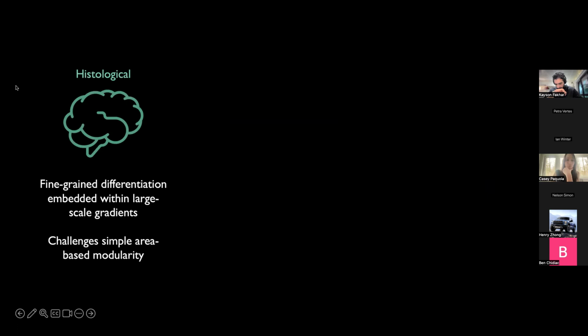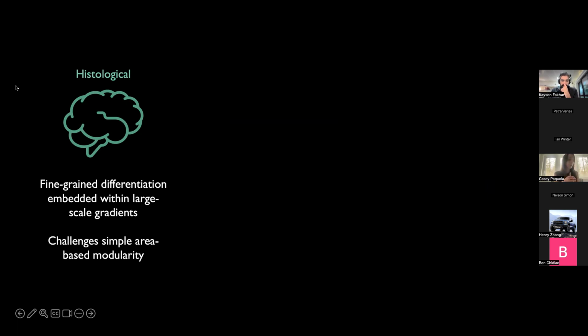Okay, so just to wrap up, some of what I've learned from this is that based on the histological studies we've seen, there's really fine-grained differentiation of cortical architecture, which is embedded within large-scale gradients. And we've seen that this really challenges simple area-based modularity. Maybe it makes us think about different ways to characterize nodes in computational models, for example, rather than just saying it is a distinct parcel or it has a certain level of myelin.